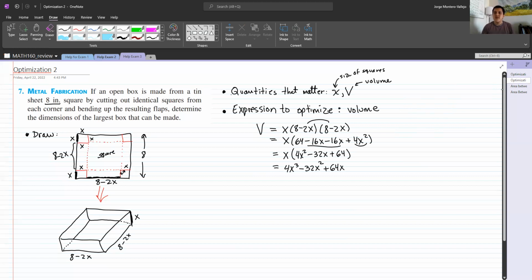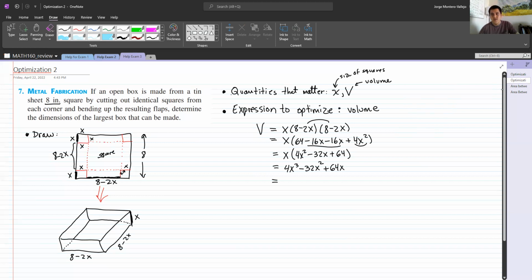Now, remember that we are going to take the derivative next, and then set it equal to 0. All of that process will be made easier if we go ahead now and factor out a common factor. You see that the coefficients are 4, 32, and 64.